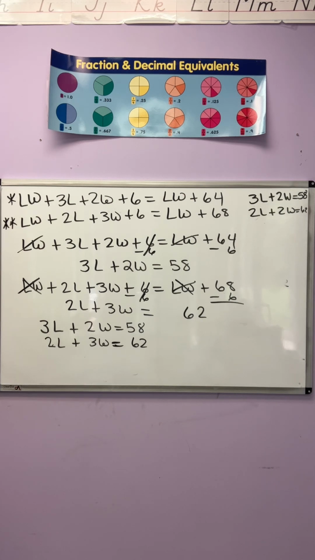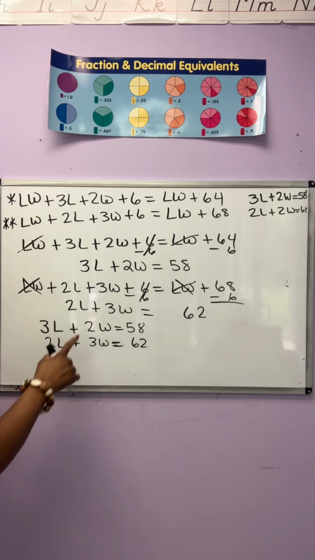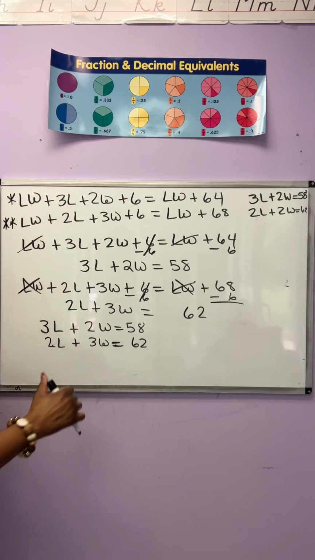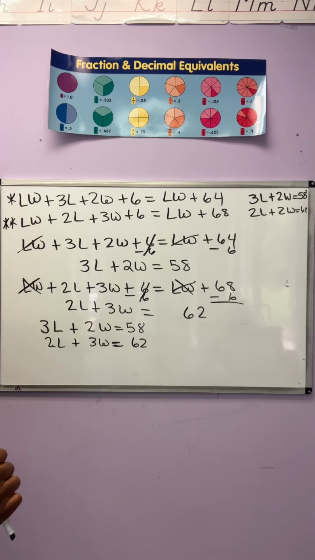Let's just get rid of W first. Solve for the length first. If I want to get rid of W first, think of this as finding the least common multiple. I have a 2 with the W and a 3 with the second equation. How can I eliminate that?